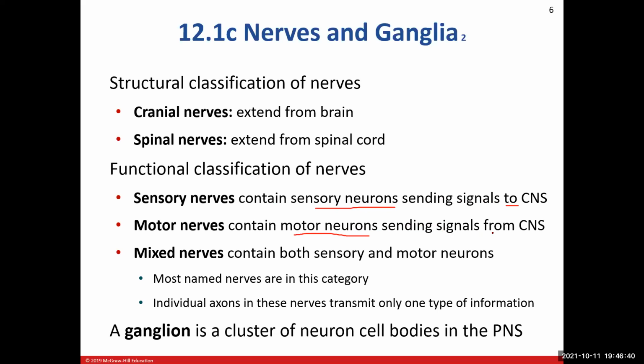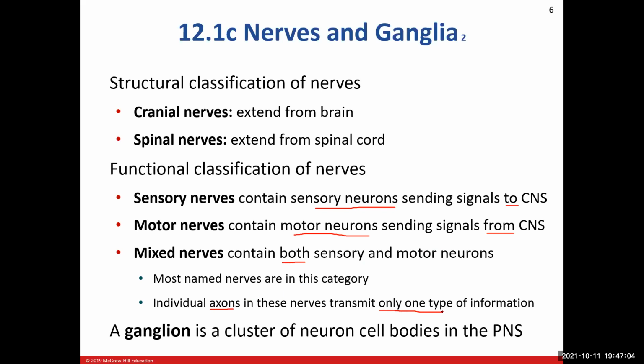Mixed nerves, like the name implies, have both sensory and motor neurons. Keep in mind that the axons of those individual neurons only carry one specific type of information.